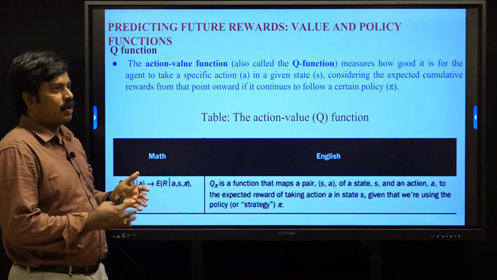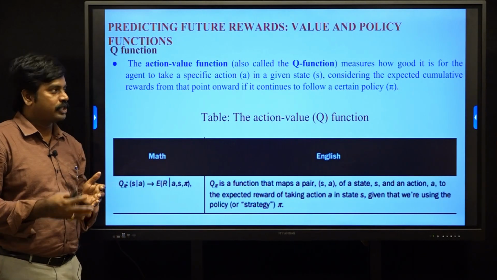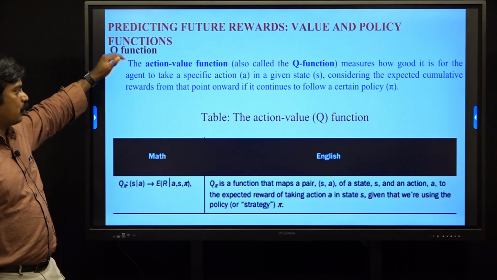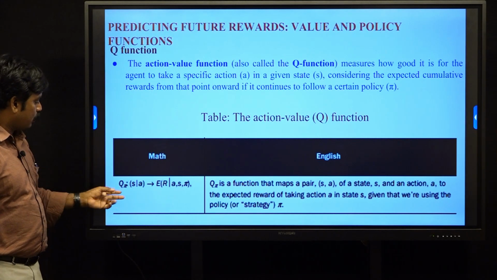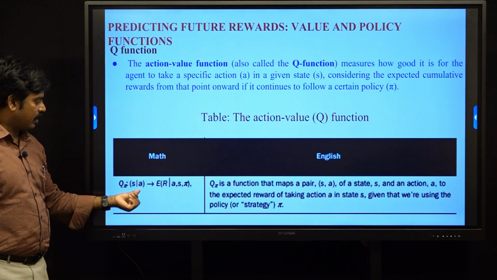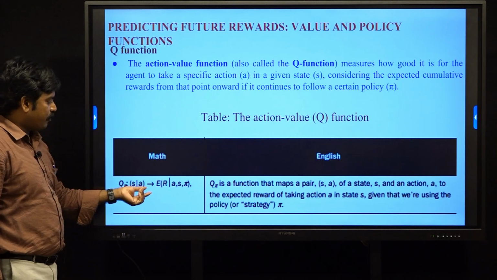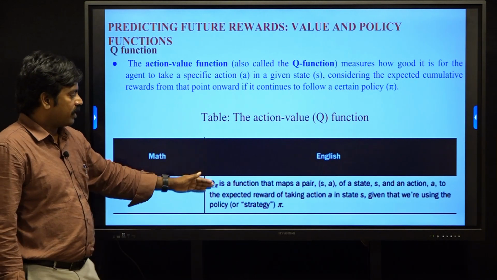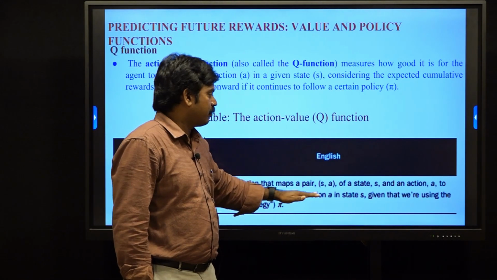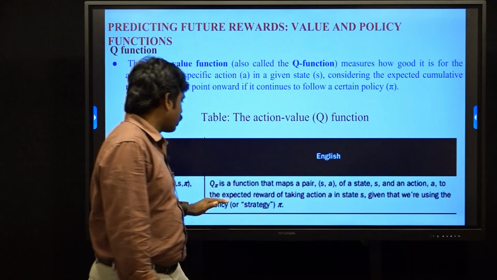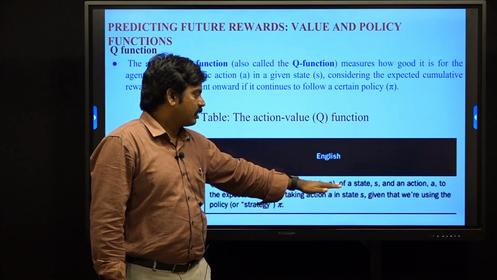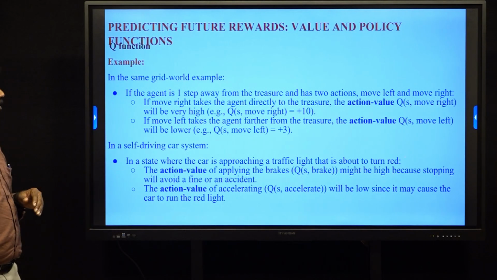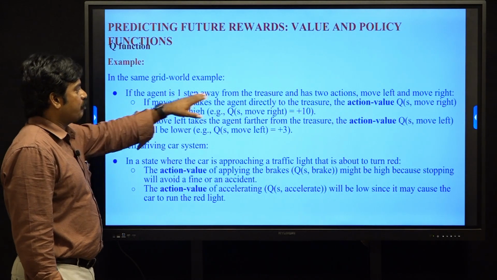Q pi maps the pair of state and action to the expected reward of taking action A in state S under policy pi. Here is a grid world example: the agent is one step away from the treasure.